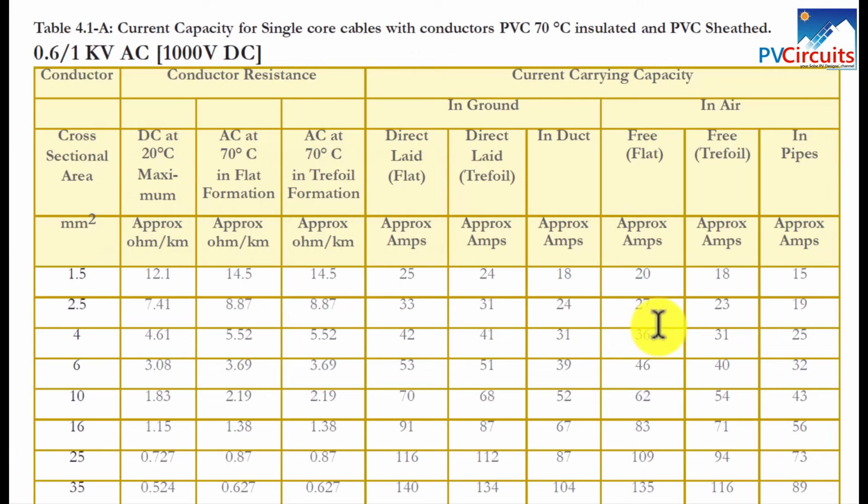Looking at the table again, we find our cable, and we have calculated the overcurrent protection device rating at 13.3 amps. Again, the cable that can safely carry that current is this one here, and if we move to check the size to the left, it is 1.5 millimeter square.